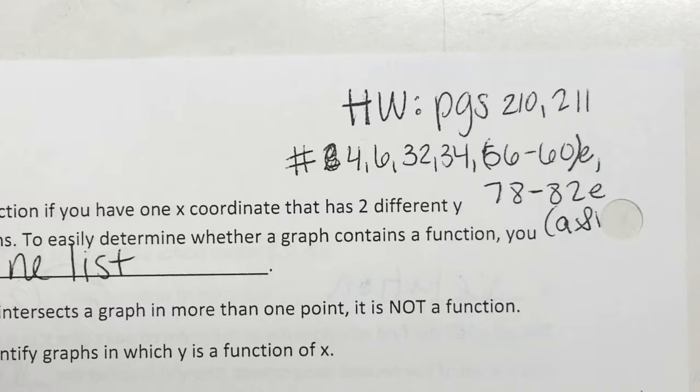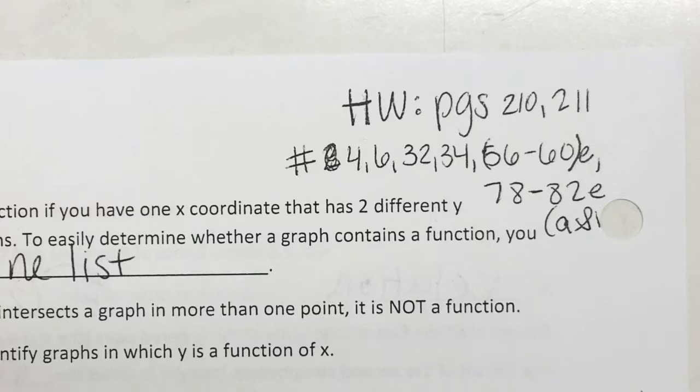Now, if you need to finish your test, move to the back and just have a pencil and a calculator. If you'll just clear everything off. Are they doing number 2? No. Let's say at the very bottom, A and B. You have B written on my sheet.